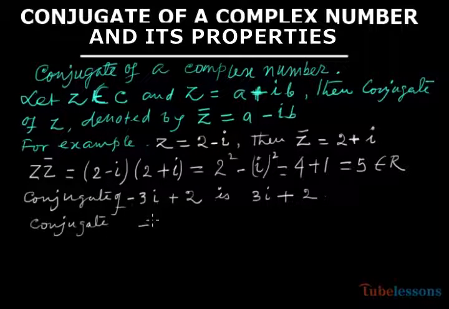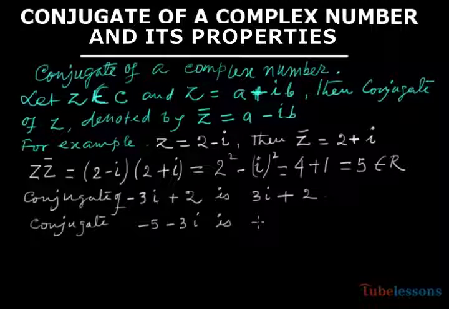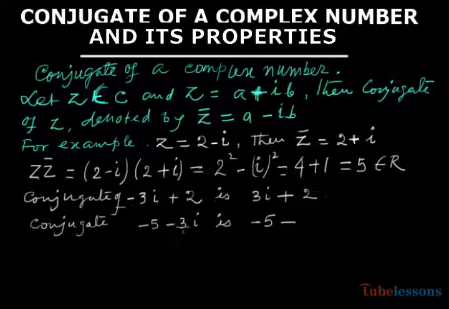Conjugate of minus 5 minus 3i is minus 5 plus 3i. So no change in the real part, only change in the imaginary part. So instead of minus 3, we'll write plus 3.